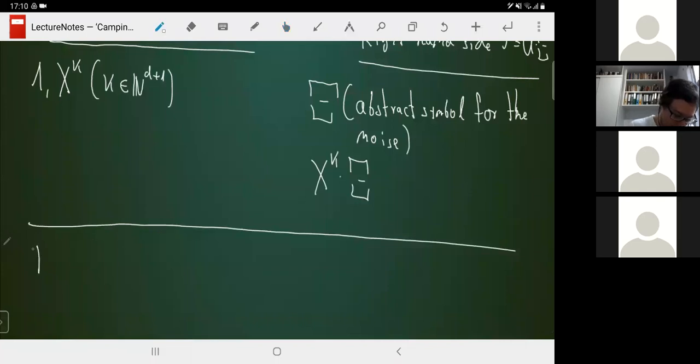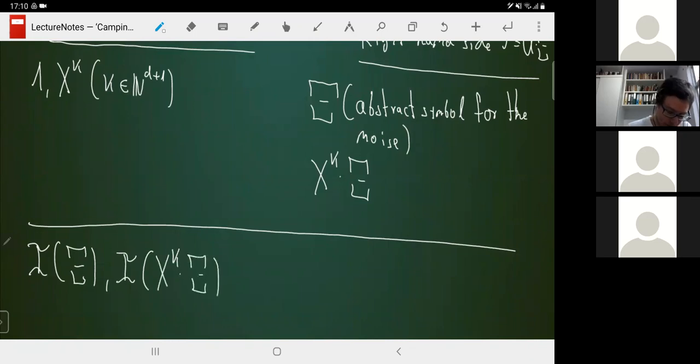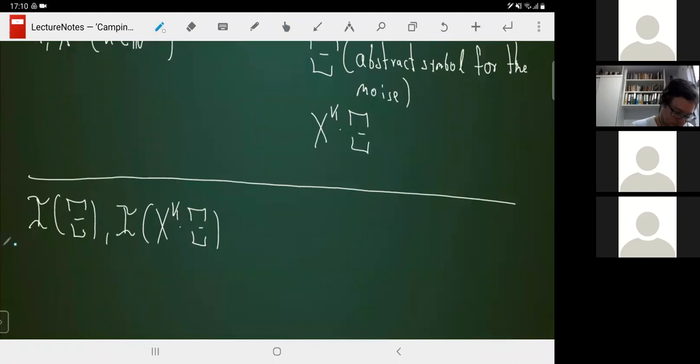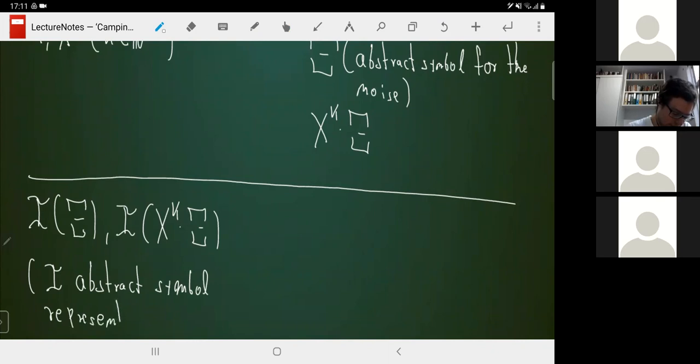So we will have an I of xi, and an I of x to the k times xi, where this I is an abstract symbol representing convolution with the heat kernel k.